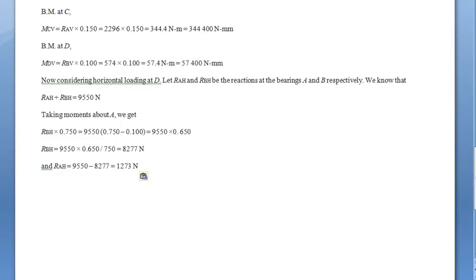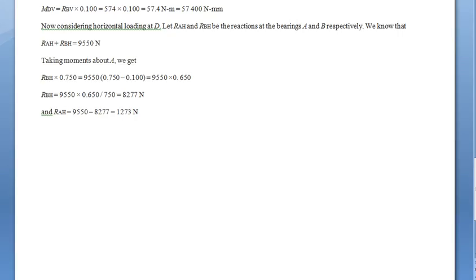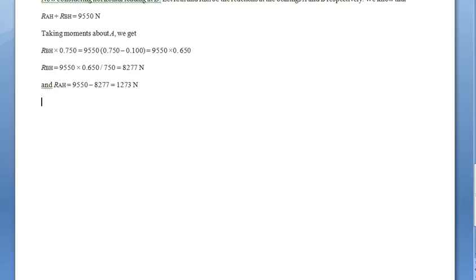Now considering horizontal loading at D, let RAH and RBH be the reactions at the bearings A and B. We know that RAH plus RBH equals 9550 Newton. Now again, taking moment about A, we get RBH into 0.75 equals 9550 into 0.75 minus 0.100.